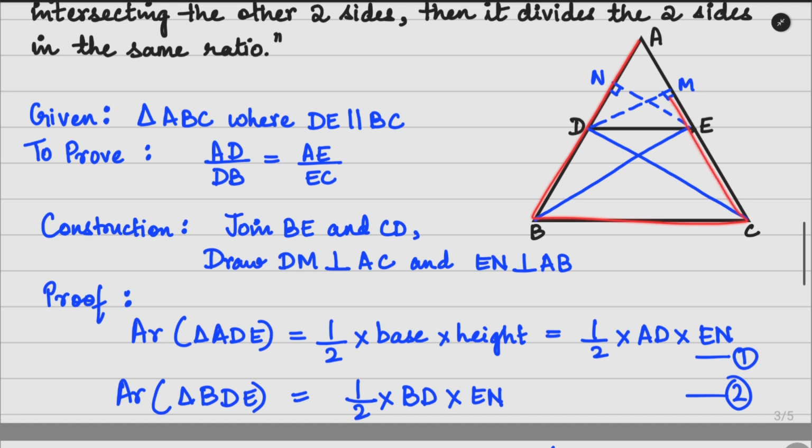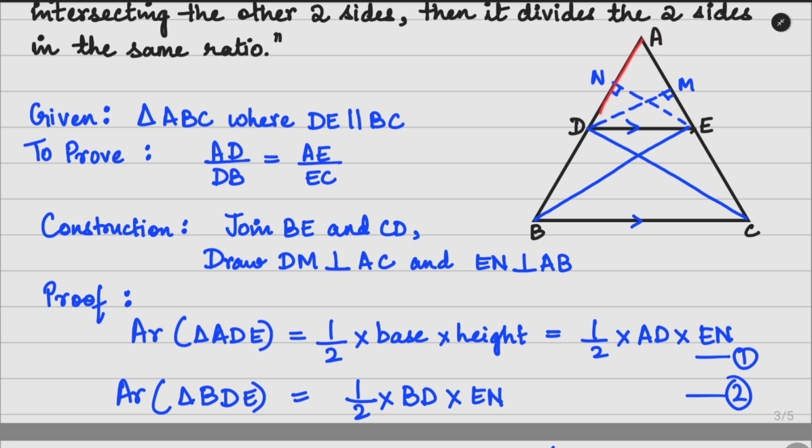You are given ABC is a triangle, you have to draw it, and DE is parallel to BC. You have to prove that AD by DB equal to AE by EC. For that you have to do a construction: join BE and CD, draw DM perpendicular to AC, and draw EN perpendicular to AB.